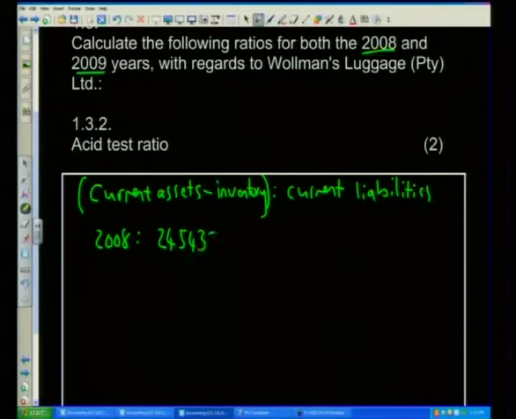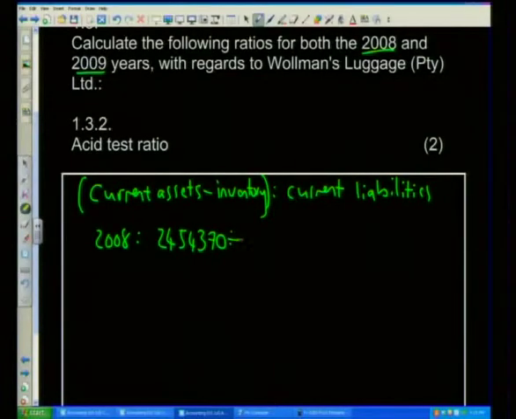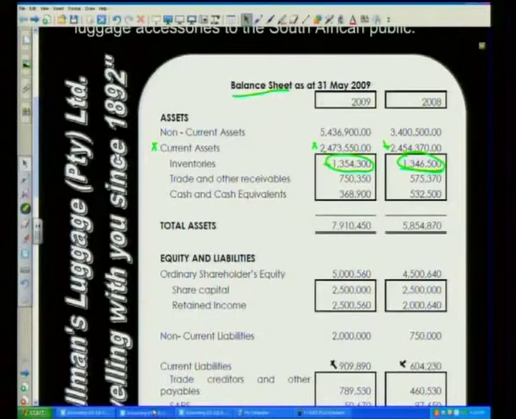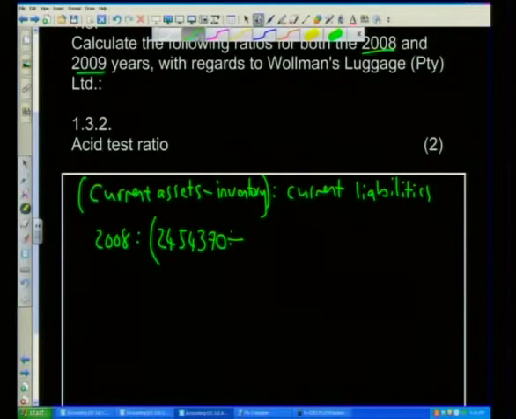Here's a hint, always take a sharp pen or a sharp pencil to your exam. From that, we are going to have to subtract our inventory, and we've been given inventory as well. Our inventory was 1,346,500. So we'll stick here on this side, 1,346,500.